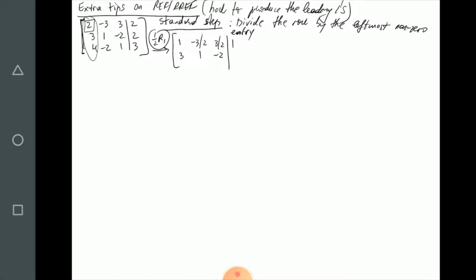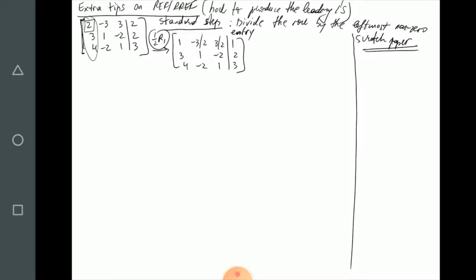So we made the one that we needed in the right position, but now we have to handle fractions pretty much till the end. For that reason, as you'll see later, you're going to need some scratch paper because you need to have these numbers in the exact format. If you use the calculator and it gives you decimals, that's not going to be helpful. So if you have to do it by hand, be prepared to take the computations separately when you handle these row operations.